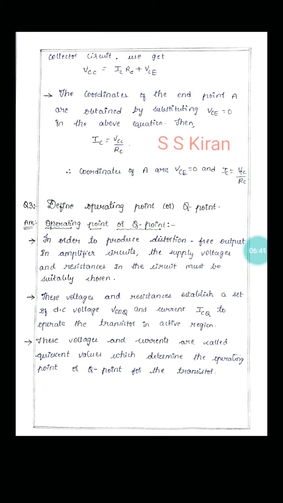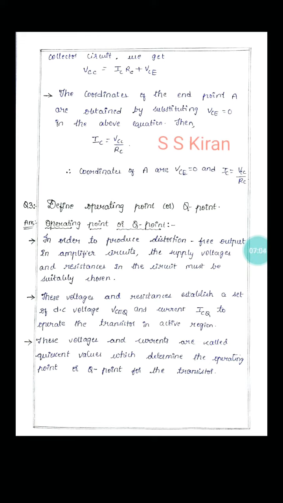Why can we call it VCEQ? VCE means voltage across collector terminal to emitter terminal. Q means Q point, that's why VCEQ. And current ICEQ means what? Output current is IC. Q point, that's why ICQ, to operate the transistor in active region. Good.